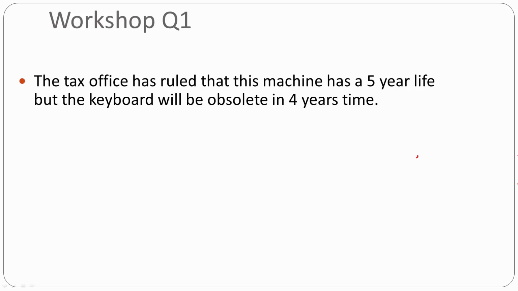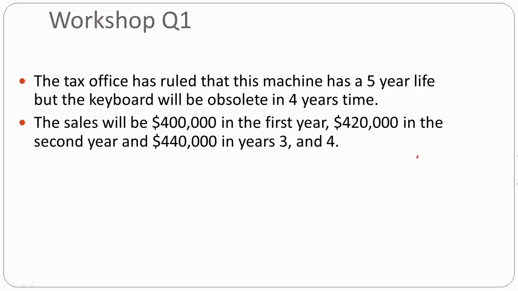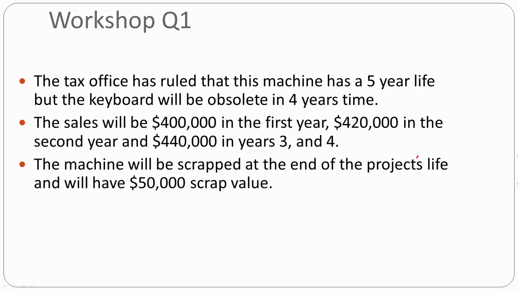The sales, we've got various sales numbers for each of the years. At the end of the life, the machine's going to be scrapped. It's still going to have some value because remember it had a 5-year life, but the project's going to last for 4 years. So it's going to have 50,000 scrap value. By the way, this is a comma which was missing there at the outset.